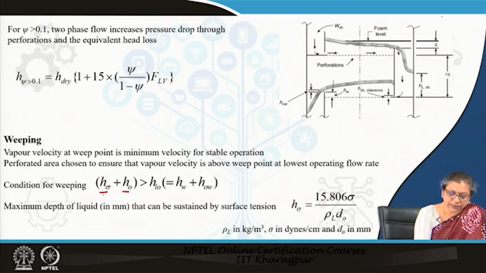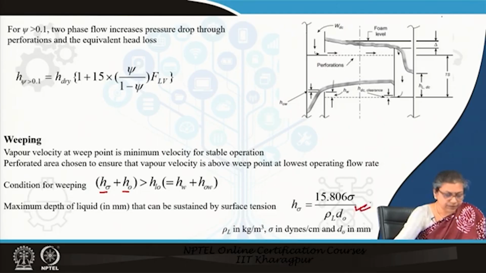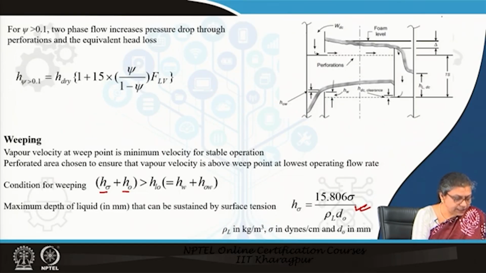Now, how to calculate the maximum liquid depth that can be sustained by surface tension? You can get this from this particular equation. You can calculate this H sigma value and see for yourself.